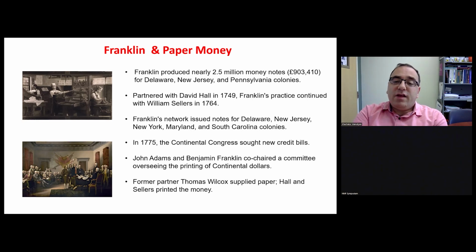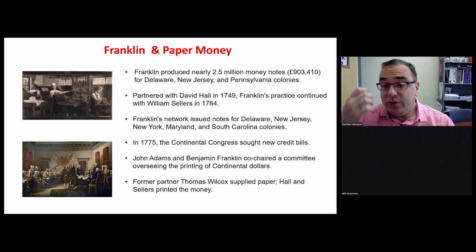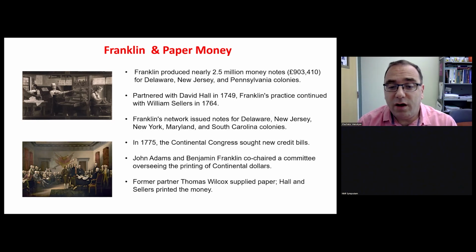So Franklin's network, all these other printers, also printed money for different colonies. But very famously, as we heard in this morning's talk, Franklin was also a member of a committee that oversaw the development and printing of Continental dollars. When this committee was established, they decided to have this currency.